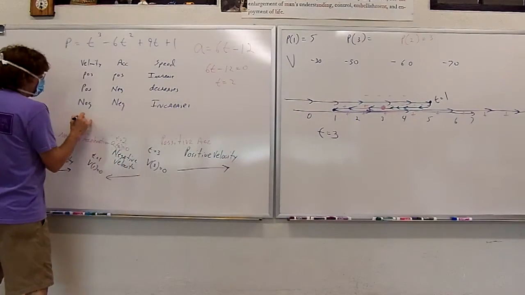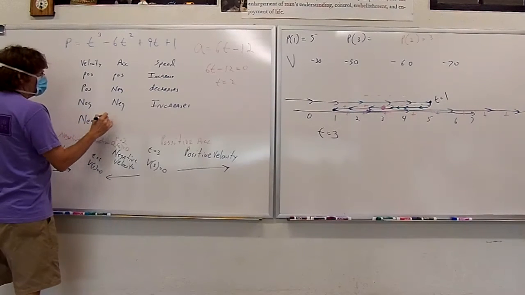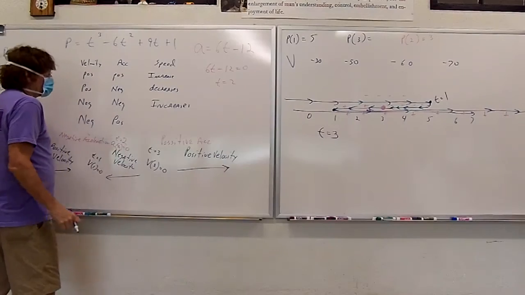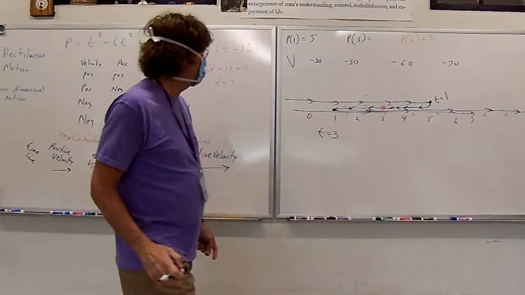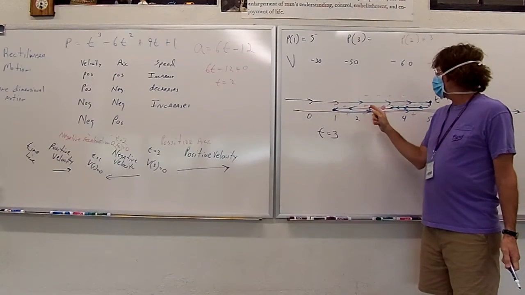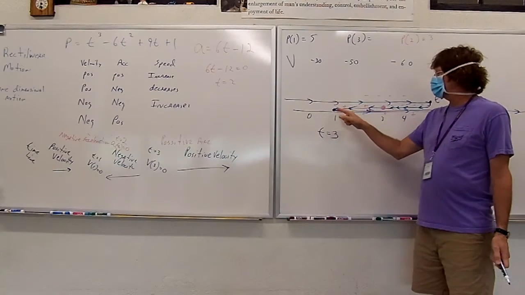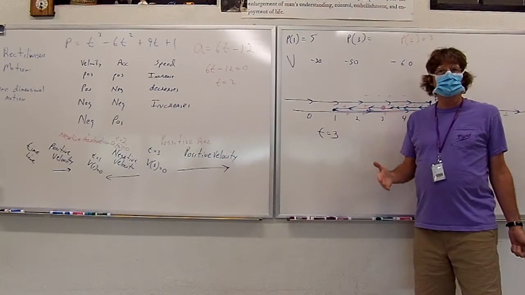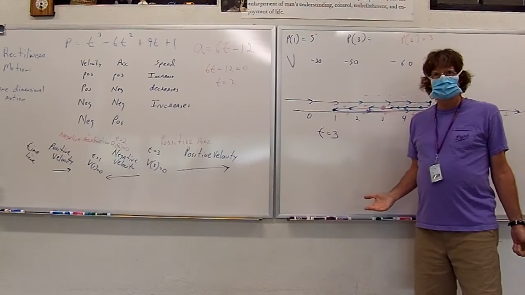Now, I have a negative velocity, but I have a positive acceleration. Okay, what's going to happen there? I have a negative velocity, and I have a positive acceleration. Look what it did. It ended up doing what? Stopping, right? It's got to be slowing down. All right?